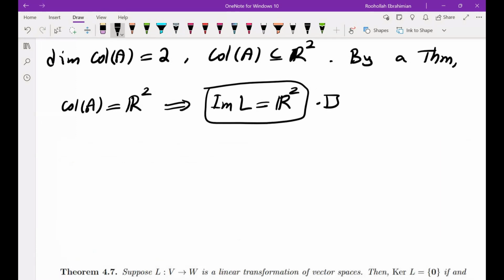So what happened here was the kernel was some line, and the image was the entire R2. And this is actually something that always happens, and we'll talk about that in a later theorem today in this video.